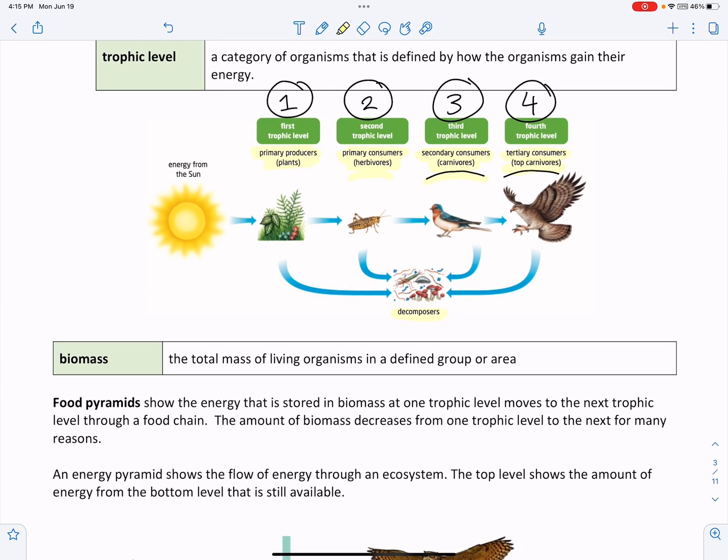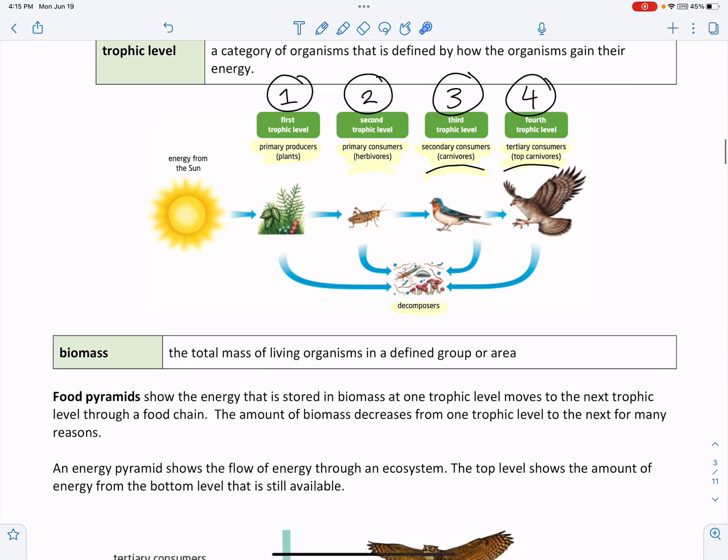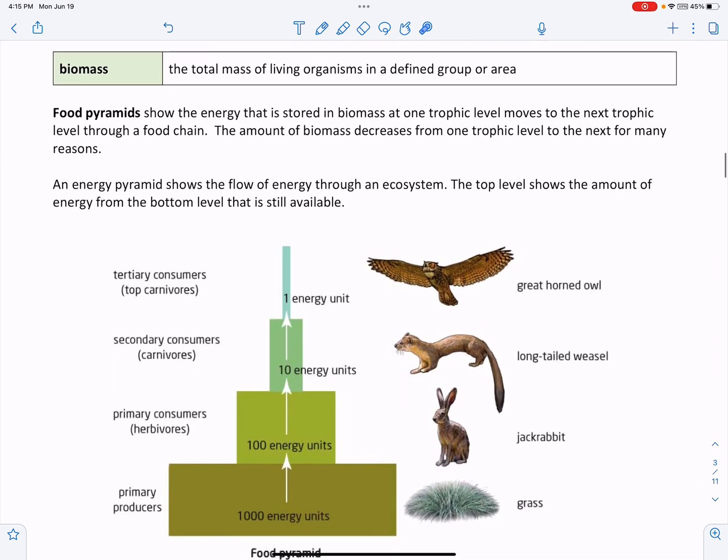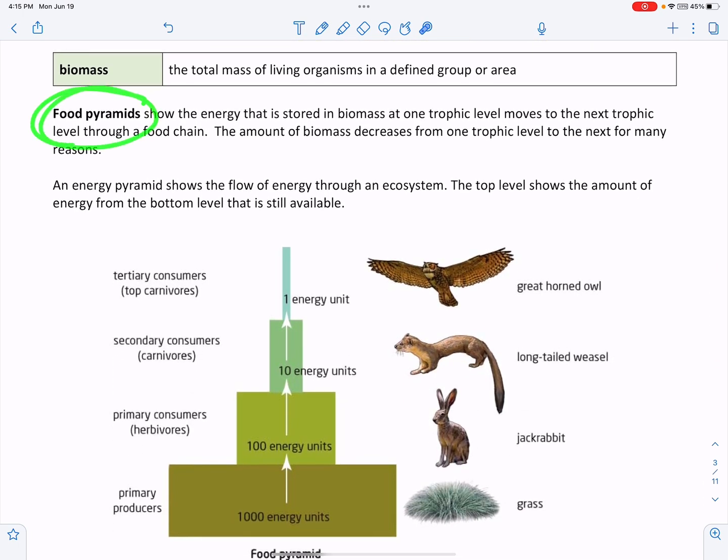If we were to take the total mass of a living organism in a group or area, it would be defined as a biomass. If we were to take the total living mass of an organism and pile it up into different trophic levels, we would create what is called a food pyramid. Here is a food pyramid. If you notice, the bottom of the food pyramid has the most amount of biomass and the most amount of energy. This belongs to the position of the primary producers.